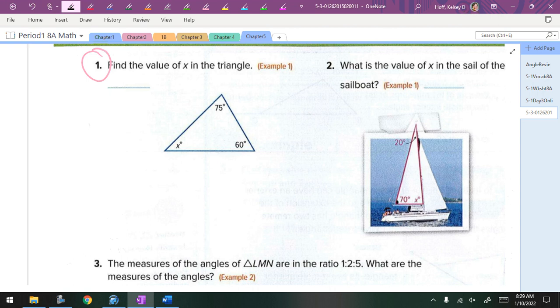All your angles added together equal 180 degrees. Set it up as an equation. Did you set it up as an equation? Gotta set it up as an equation.